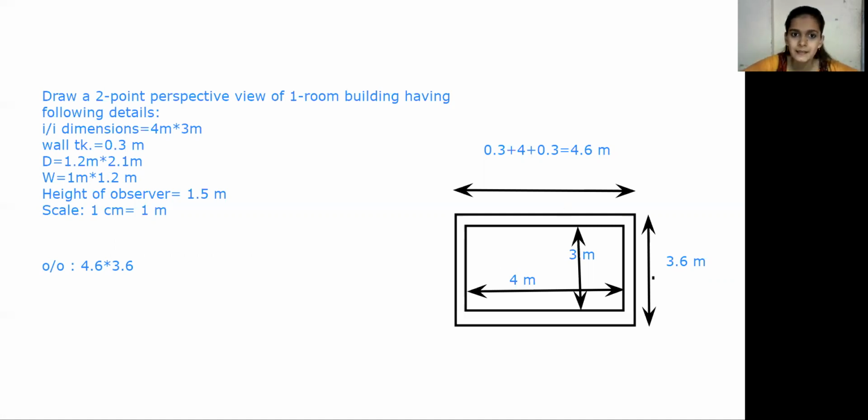In this, this much distance is 0.3, this wall thickness is also 0.3, and this wall thickness is also 0.3. Wall thickness is 0.3 on all four sides. So let's start to draw the perspective view.